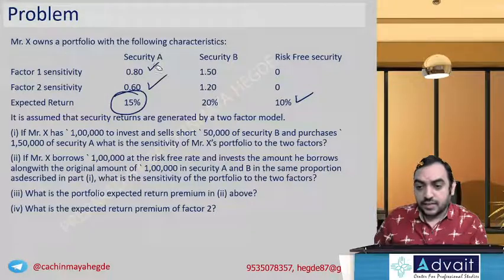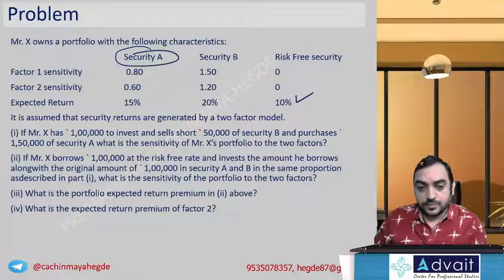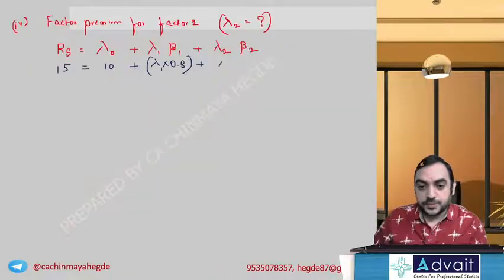We are calculating for security A: beta 1 is 0.8, beta 2 is 0.6.